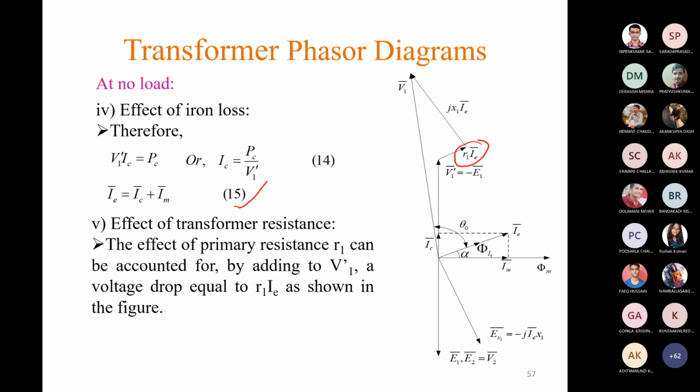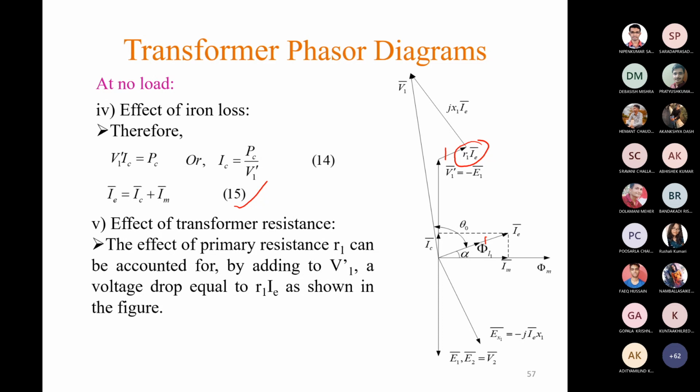Okay, so why is it drawn in parallel with the current I? See, this line and this line are parallel, because we know that the resistive voltage drop and the current will be in the same phase. So actually this I and R1 I are in the same phase.